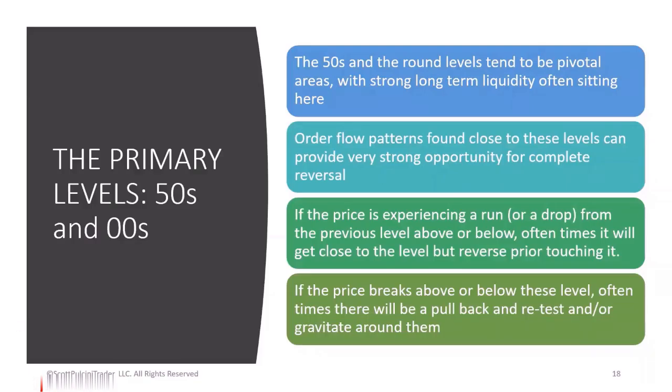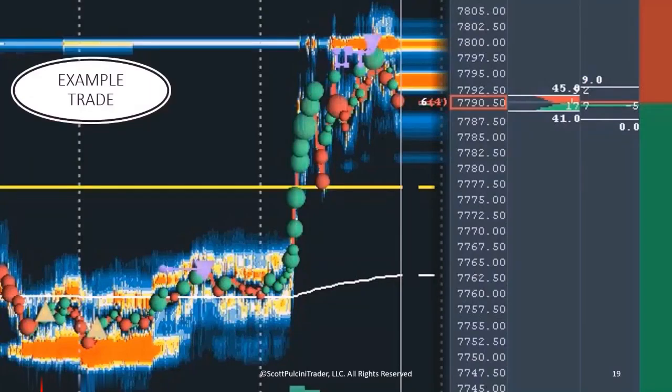Okay, so let's see, for example, here is a trade that lasted almost an entire day, a couple of trades. You see here at 7750, look at how strong this liquidity was sitting here. Price comes down, reacts a little bit sooner.